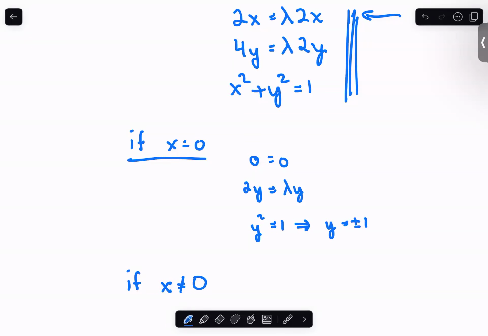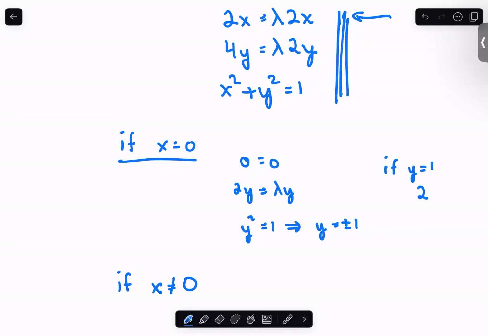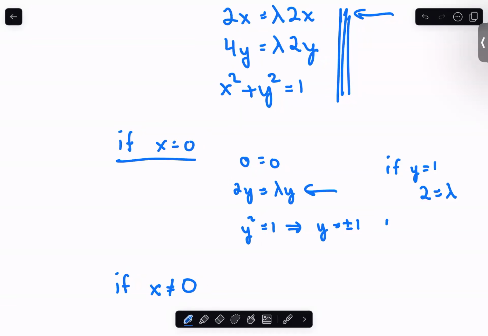which means that I have a few subcases, right? The first subcase is if y is equal to 1, what happens? Well, if y is equal to 1, then I'm going to have 2 is equal to lambda. And again, that's me plugging this into my second equation. And lastly, if y is equal to -1, again, these would cancel out and I would get that 2 is equal to lambda.